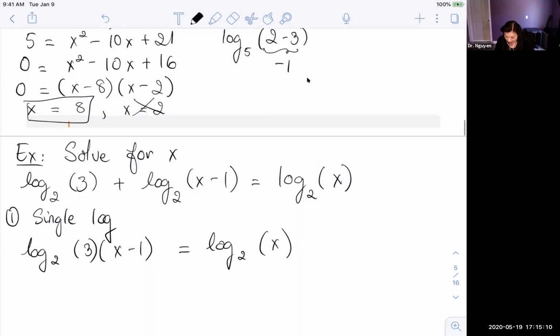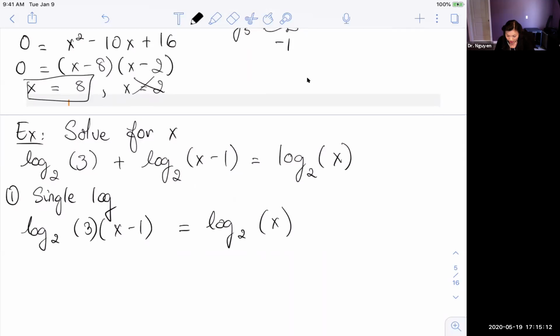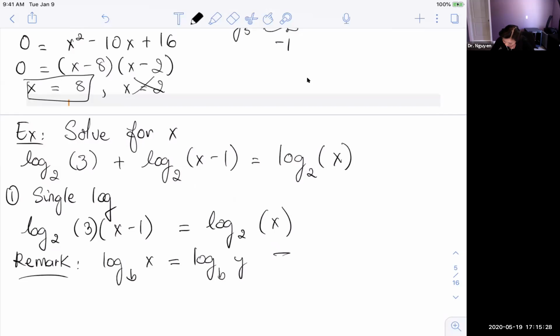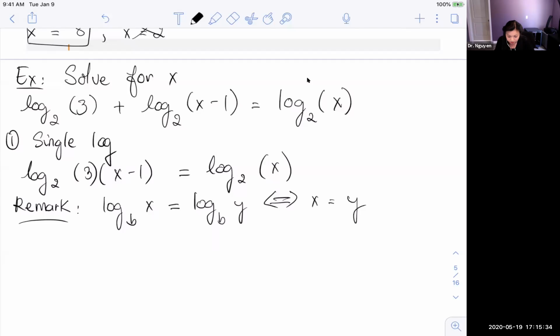Now you see that we have log with base 2, log with base 2, and we know that if we have the same base, and if they're equal, the arguments have to be the same. So for this problem, you can just drop the log.